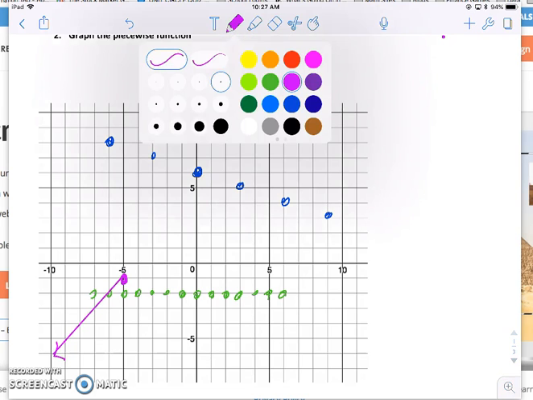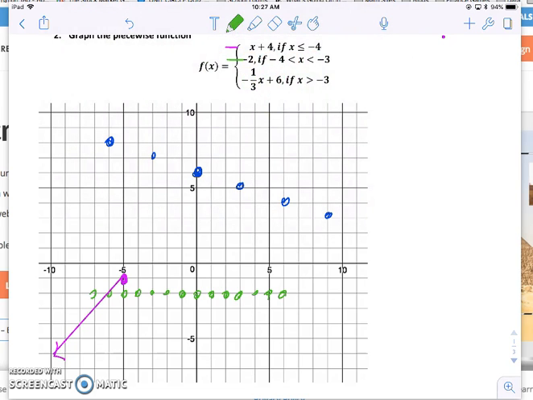When do we want the green one? Well, in between -4, 1, 2, 3, 4, and -3. But those should both be open circles. So between -4 and -3, we have open.